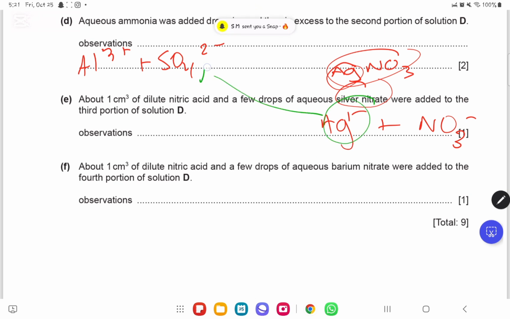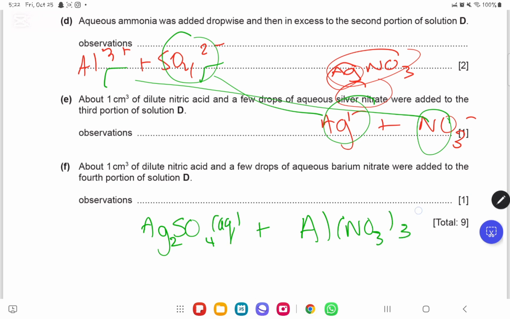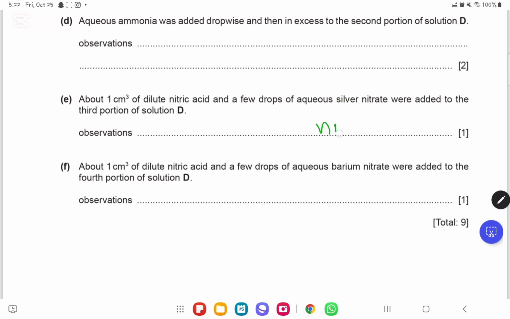And if we switch their ions, what are we going to get? We're going to get Ag2SO4 plus Al(NO3)3. To be honest, they're both soluble, so they're both aqueous. That means there's going to be no change. So over here, there is no change.